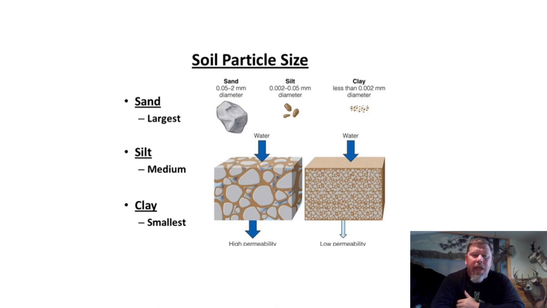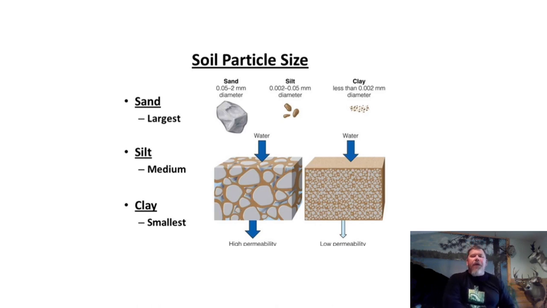Again, with silt, we're looking at a neutral charge. It's not positively charged or negatively charged. So while there's more space because the particle sizes are smaller, there's more surface area. It can do a better job of trapping some of the nutrients in the soil and the water, but it still doesn't hold them.